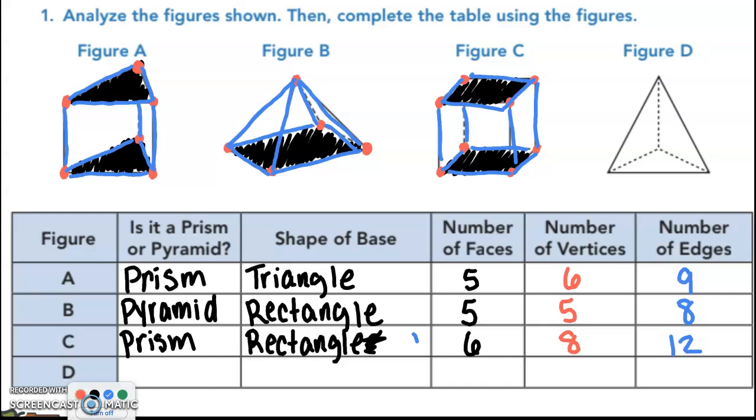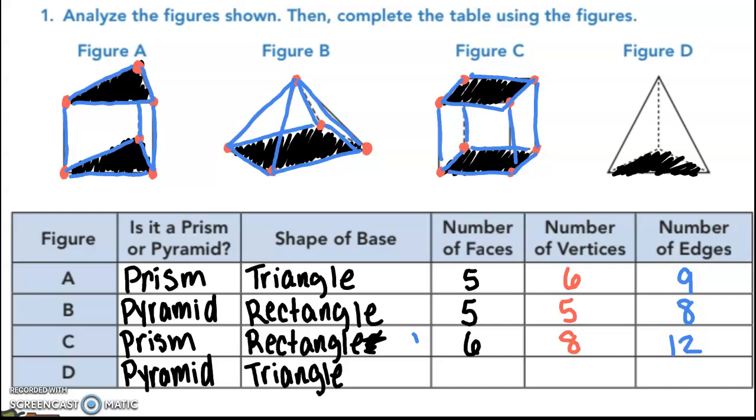Okay, and now for figure D, I have one base that it's sitting on. And it comes to a point, that means it's a pyramid. The shape of that base would be a triangle. The number of faces, there's one base, and then there's 3 sides to that base, so there's 3 triangles that fold up, which tells me I have 4 faces.